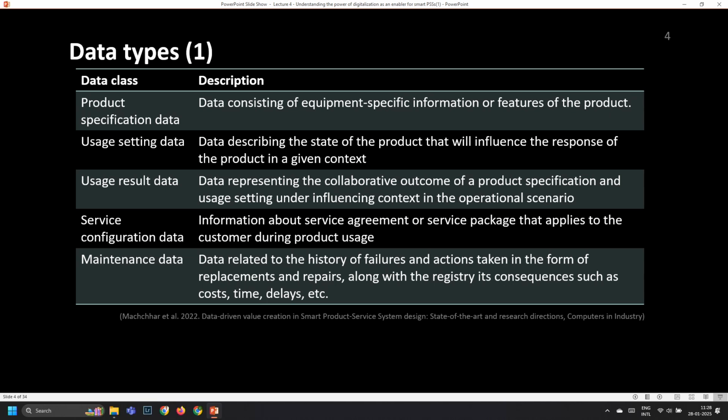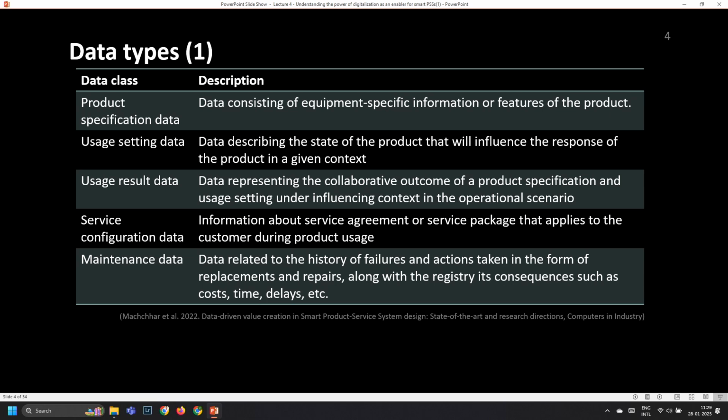The first one is product specification data, meaning that you address a product and various data can be attributed to the product, features and so on. And secondly, usage data, meaning the data about how the product is used, and then usage result data. Usually, after a product is used, some results are obtained.